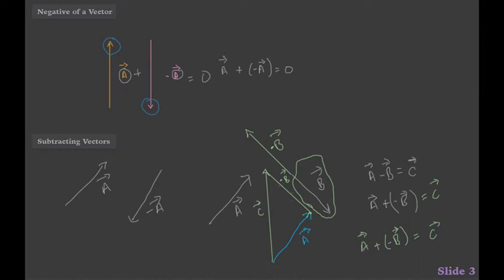Vector A plus negative vector B is essentially A minus B, which gives us C. And A plus B gives us basically vector A plus vector B, which looked like this. And this is our resultant.